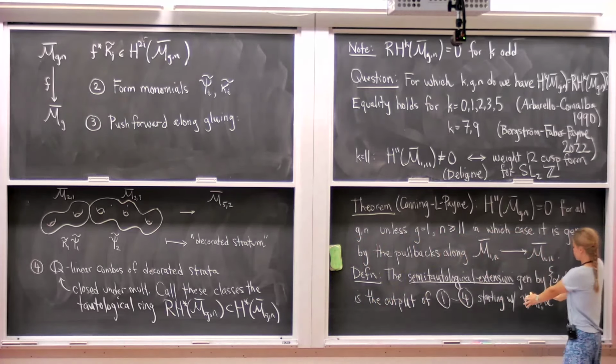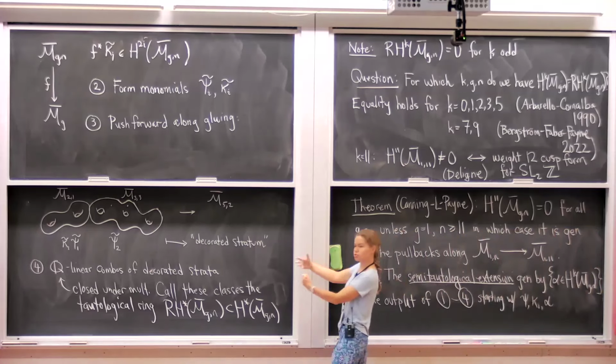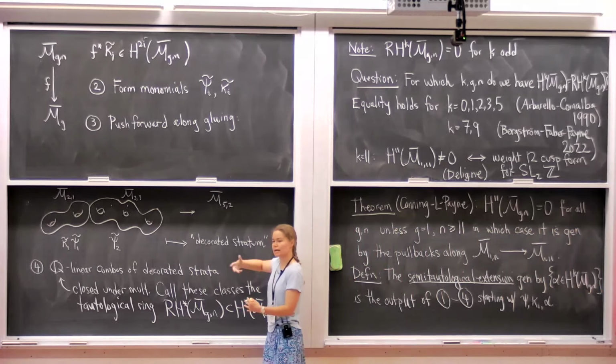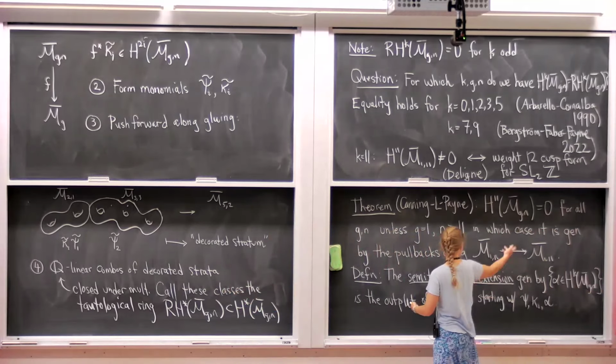So you should think of this as the decorated strata you can build, but where you also allow alpha classes as decorations and the pullbacks of them.